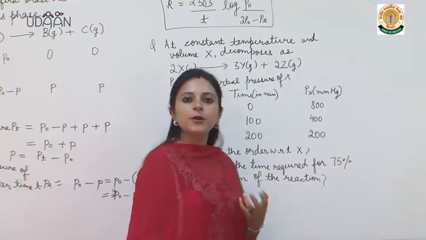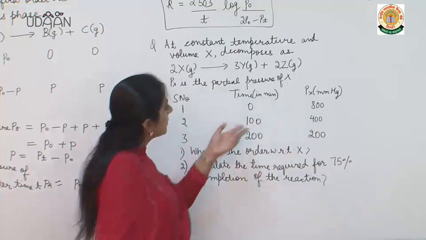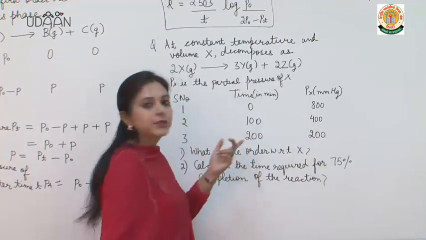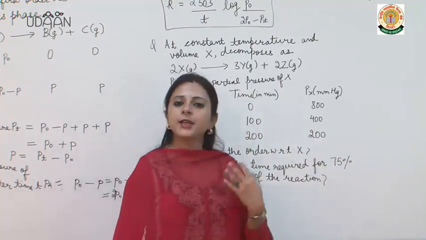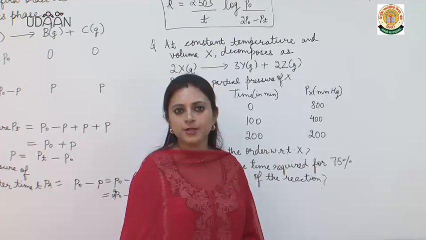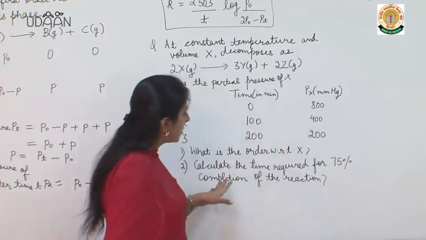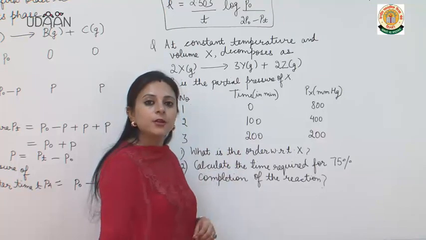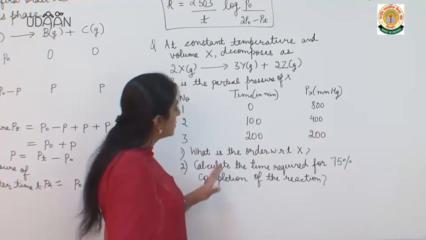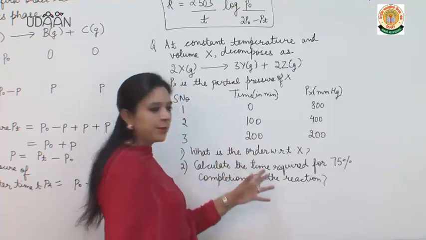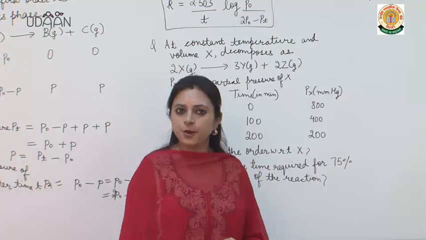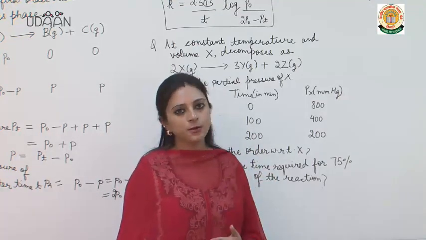Now what is the order with respect to x? Since the pressure is changing with time, so that means it cannot be a zero order reaction. So now let us find out whether it is a first order reaction or not. What we will do, we will substitute the values in the formula for first order. We will find out the rate constant.